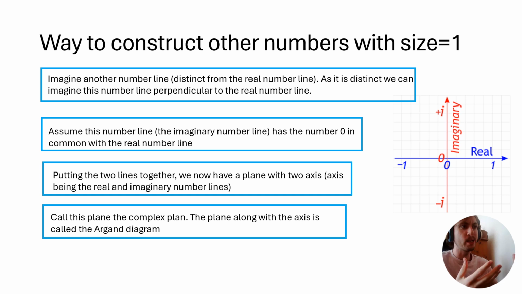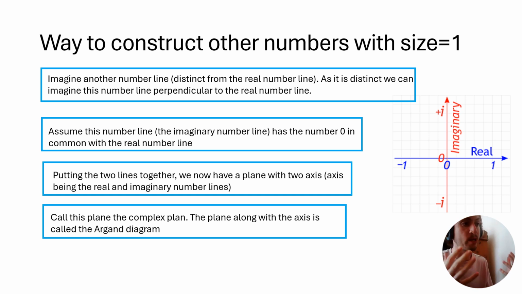So the complex plane is just a plane which contains all complex numbers. And we can think of imaginary numbers and real numbers as very specific cases of complex numbers. And the diagram we have, the plane along with our axes or number lines, is called the Argand diagram.